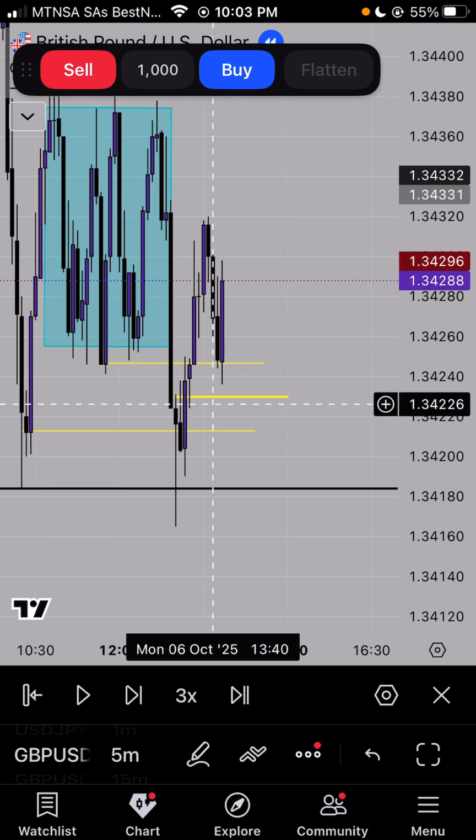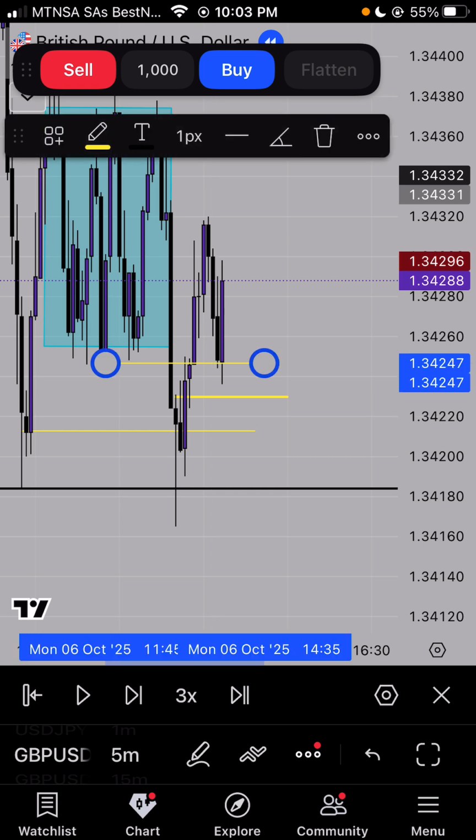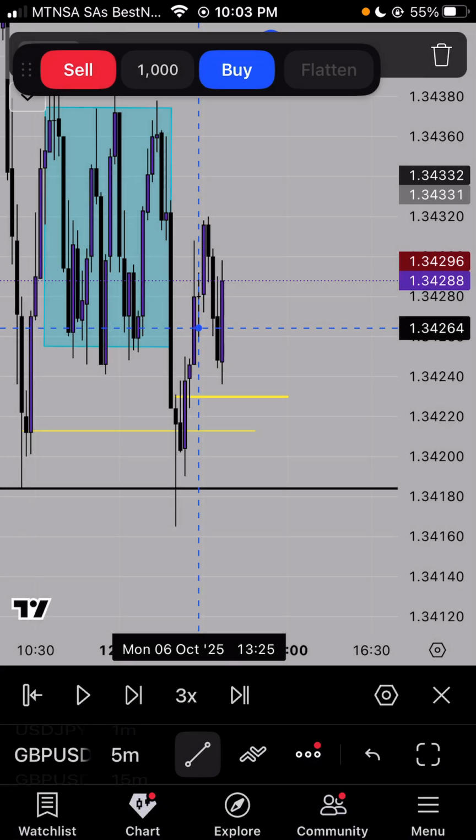Let me just check on my other phone real quick. No, I marked out this key level right here.